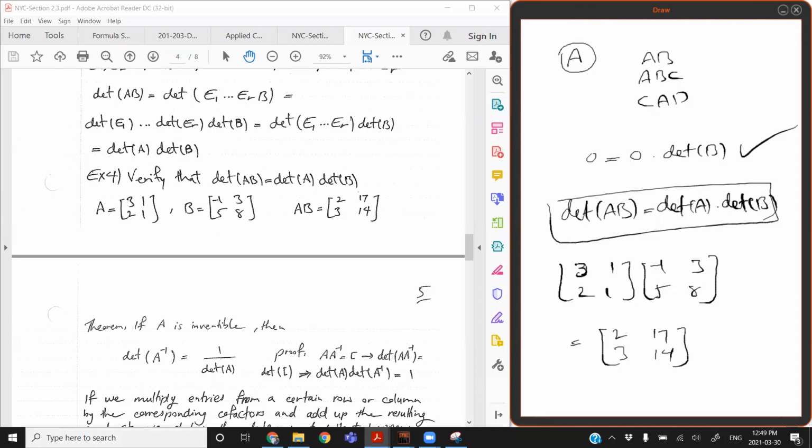Okay, if you do that, you can see that the determinant of A is minus 1, the determinant of B is 23, and the determinant of AB is minus 23, making this statement true. Any questions?